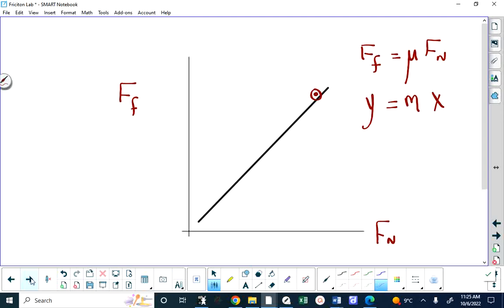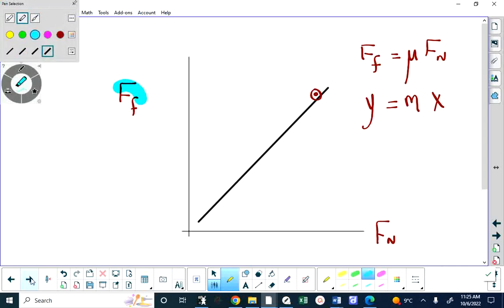Well, this is y. This is x. What conclusion do you draw from that? That the slope is equal to the coefficient of friction.